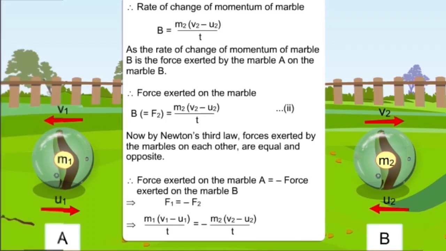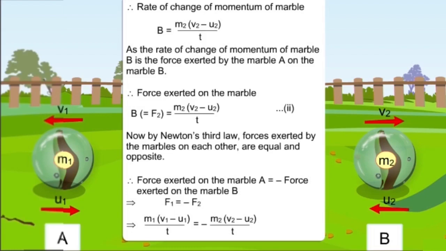Now we know that Newton's third law of motion says that forces exerted by two objects are equal and opposite to each other. Therefore, the forces exerted by the marbles on each other will also be equal and opposite. Now, the force exerted on marble A is equal to minus the force exerted on marble B. This minus sign, what does it say?